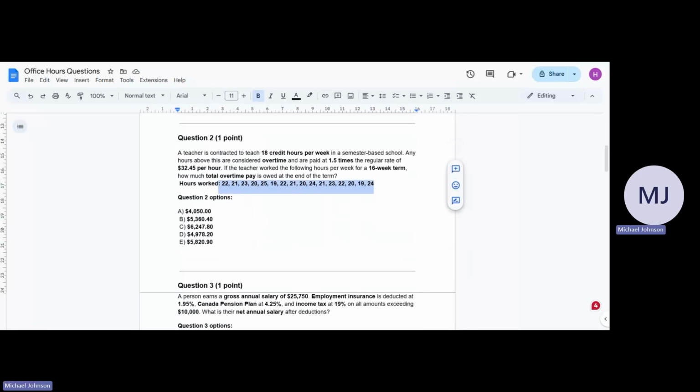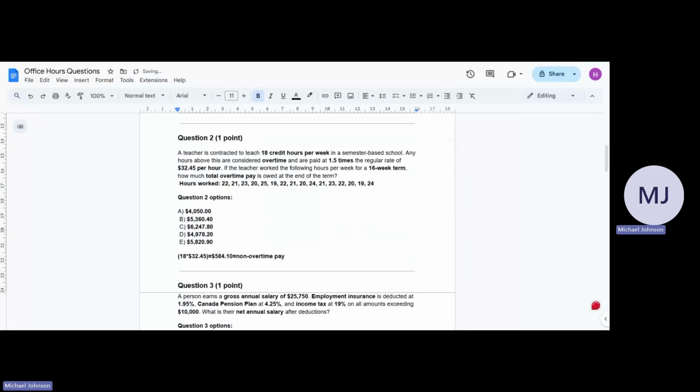So here, every week they do the 18. They do at least 18 every week times 32.45 equals, so 18 times 32.45. We would get 584.10. So that's the non-overtime pay.